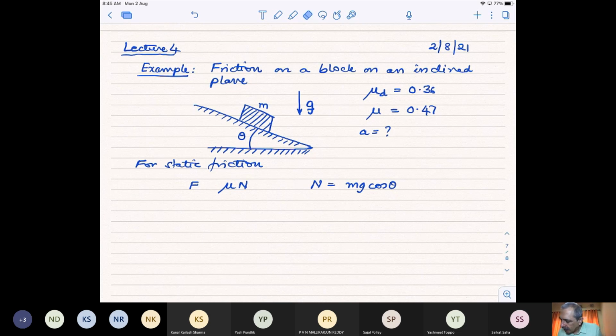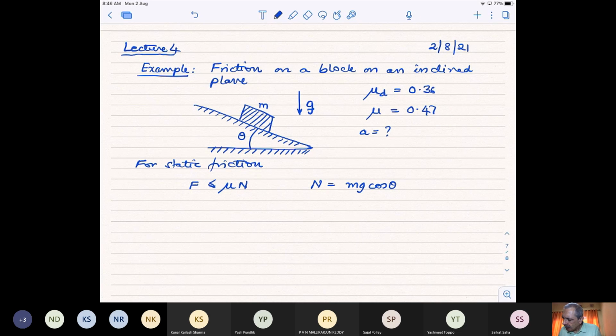So the frictional force is going to be actually less than or equal to mu times N.